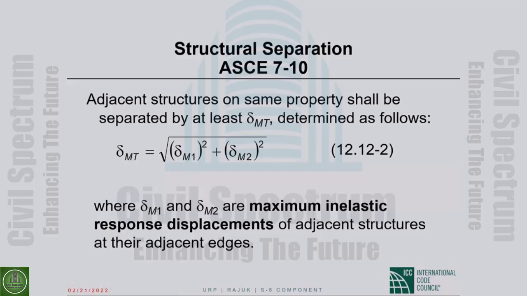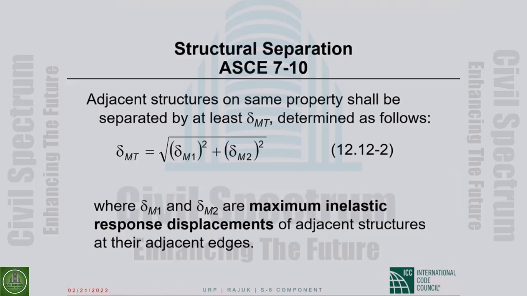Delta sub M1 and delta sub M2 are maximum inelastic response displacements, as they're called, of adjacent structures at their adjacent edges. Okay, so these are maximum inelastic response displacements.